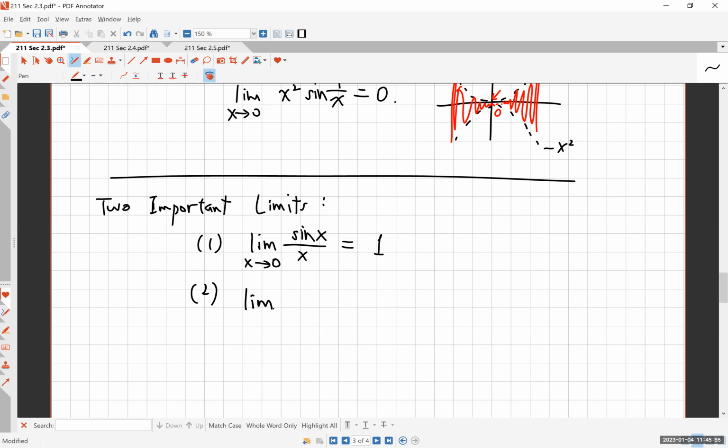Also, if you try to plug in 0 here, you get 0 over 0. Again, that's not acceptable. So you have to come up with a different way to find this. And there is a way to do this by the squeeze theorem. I'm going to include this in the optional third part of this 2.3 video.